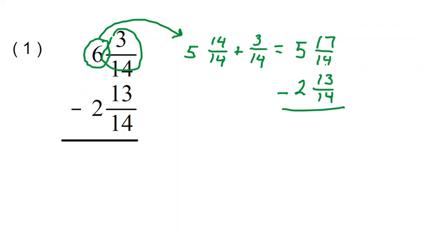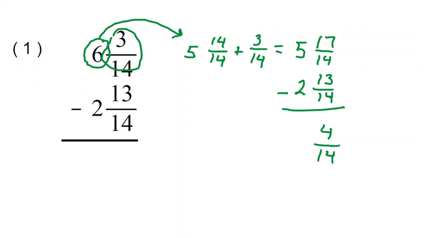Okay, what's 17 minus 13? Right, that's 4. Okay, and 4 what? Well, 14ths, the denominator stays the same, 14ths.